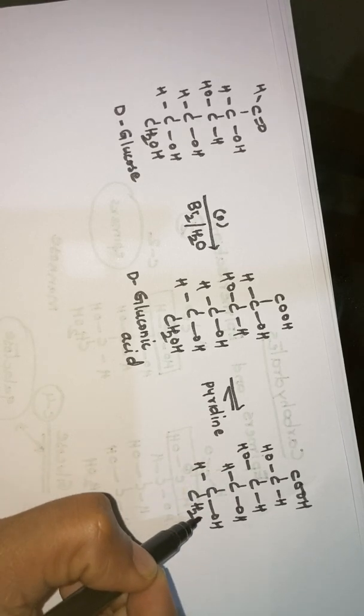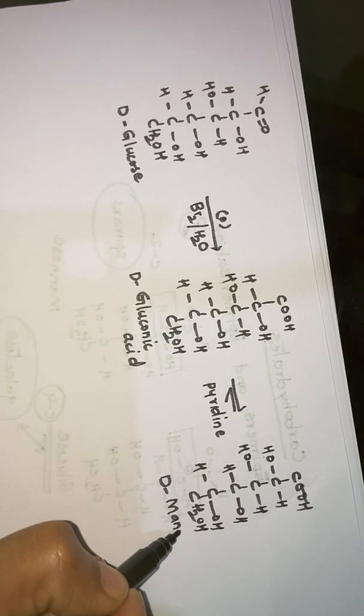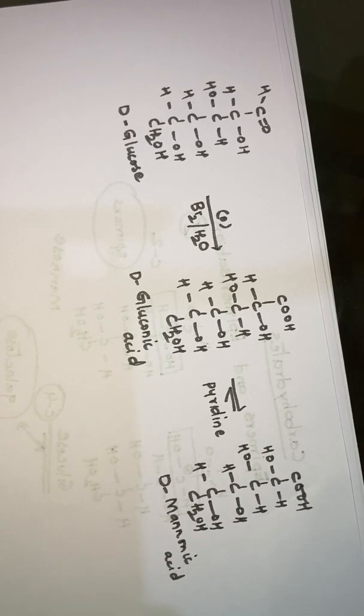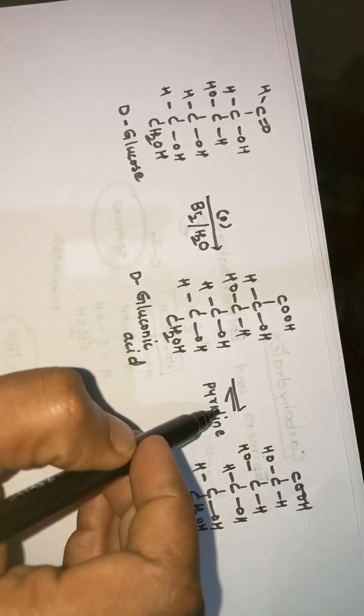So you get an equilibrium mixture, D-gluconic acid and D-mannonic acid. So glucose is subjected to oxidation, you get gluconic acid. When it is heated in presence of pyridine, you get an equilibrium mixture of these two.